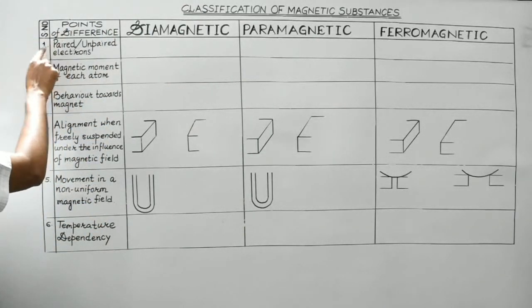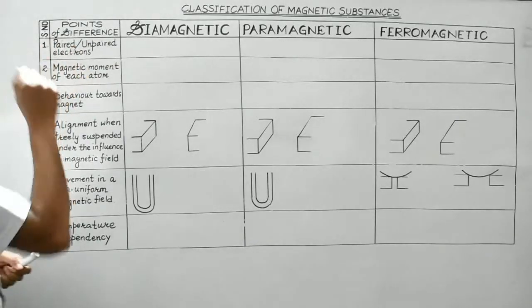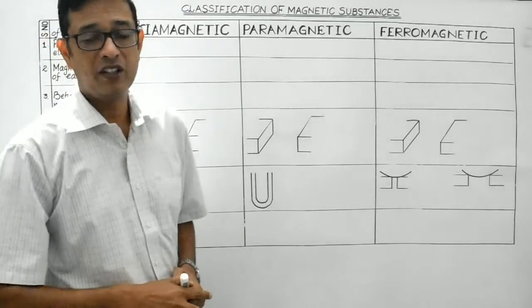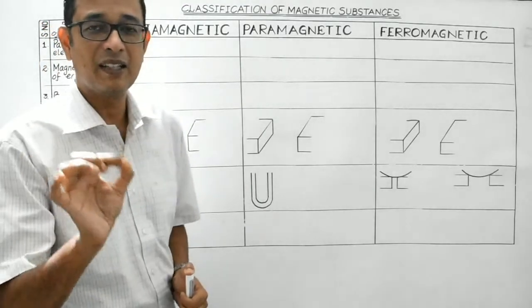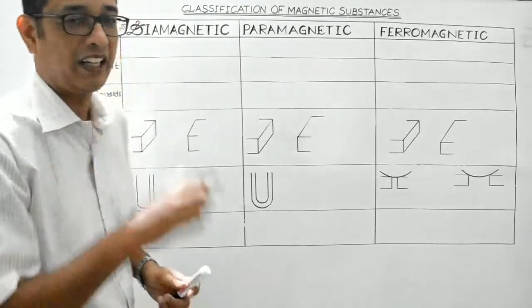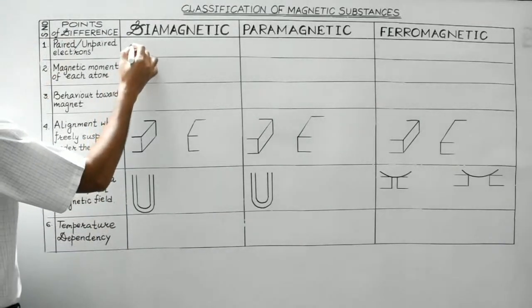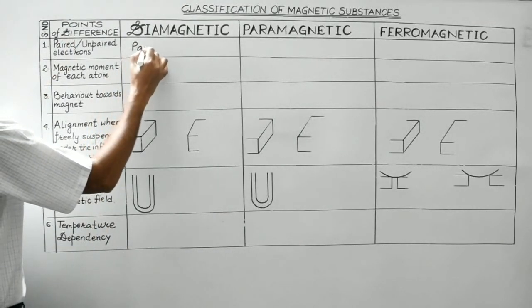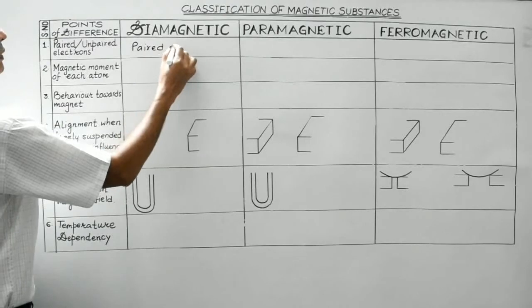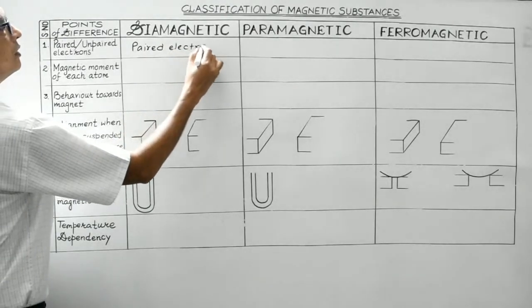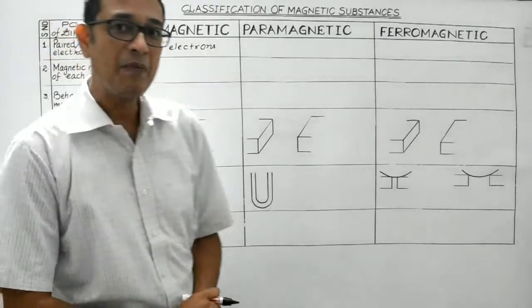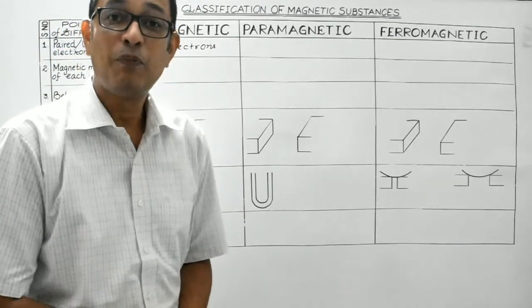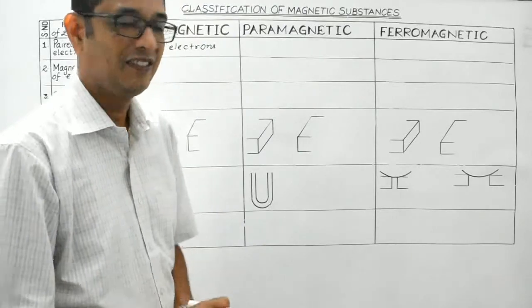So, let's consider the first one, paired or unpaired electrons. Now, we all are aware, students, we have done it in detail. Every atom of a diamagnetic substance possesses paired electrons, isn't it? So, diamagnetic substance, every atom, it possesses paired electrons. Paramagnetic, it possesses unpaired electrons, right?